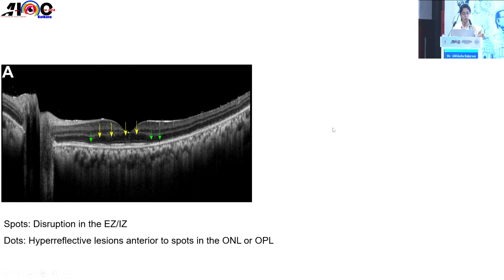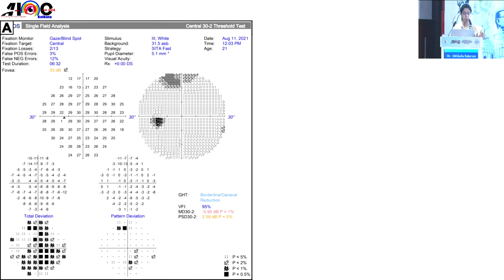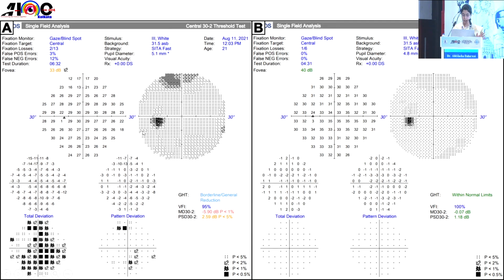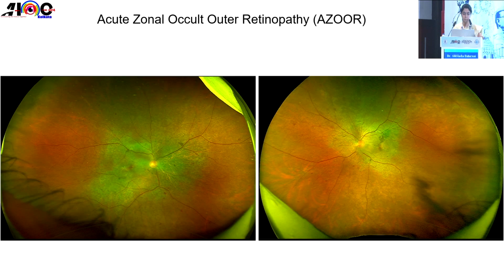On OCT, you see there is photoreceptor loss, and there are hyperreflective lesions in the outer nuclear and outer plexiform layer, which co-localize with the dots. They heal without treatment, and patients present with visual field defect and enlarged blind spot, and this is after healing. So MEWDS is a transient inflammation of the outer retina, and it heals without treatment, usually in 3 months.